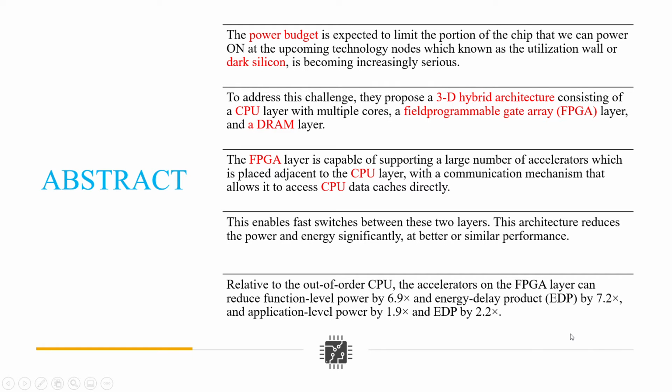This also translates to a 72.9% power reduction relative to an alternative system that consists of a CPU layer, an L3 cache layer, and a DRAM layer. Then next we will move to the introduction.